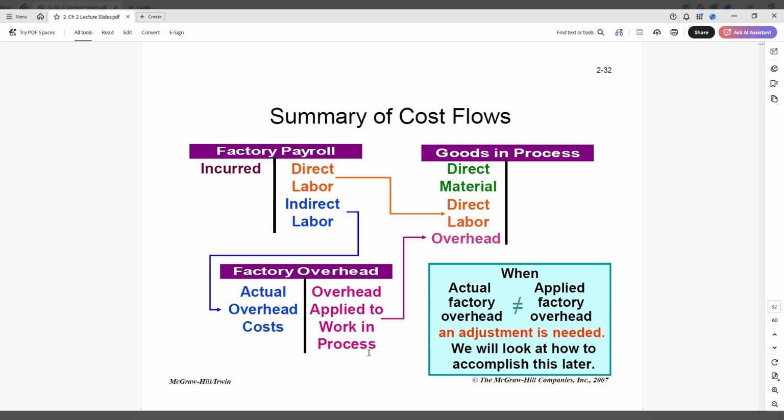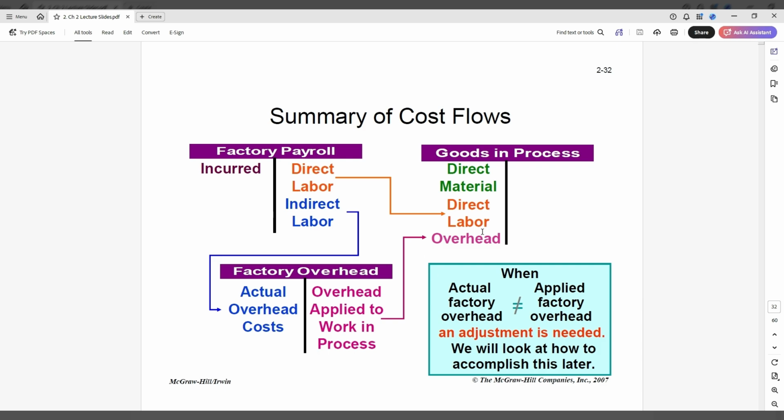And then over here in the overhead account, we'll practice with this. Just get the basic concept here. Don't worry too much about memorizing any of this, arrows going every which way. We'll practice with this quite a bit. But the idea is that the actual costs here for labor and materials go on the debit side of the overhead account.